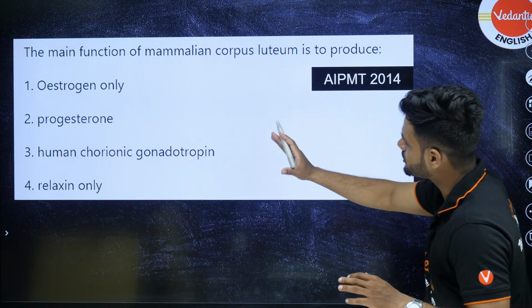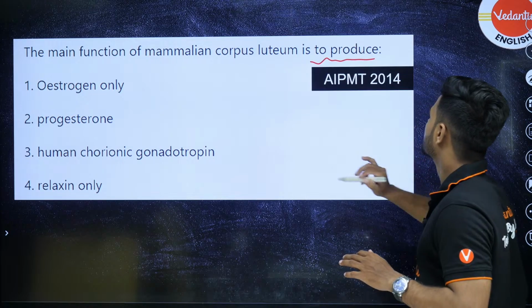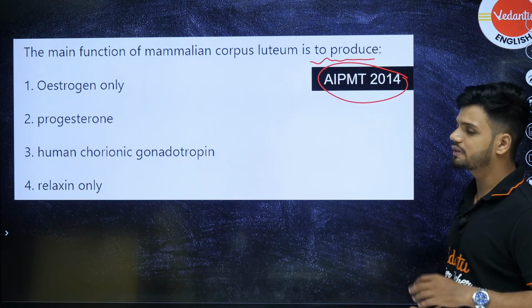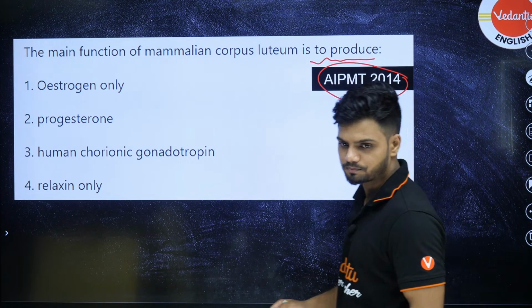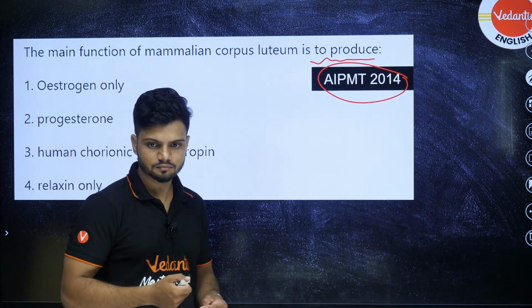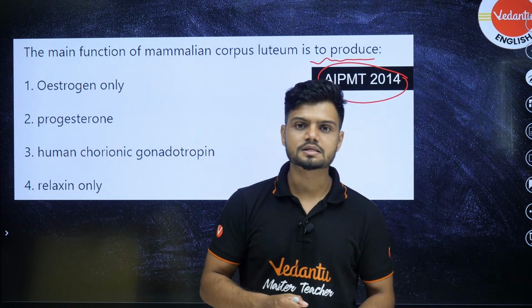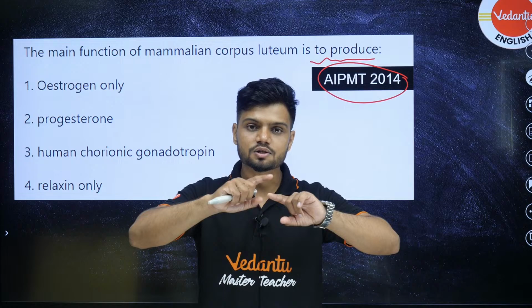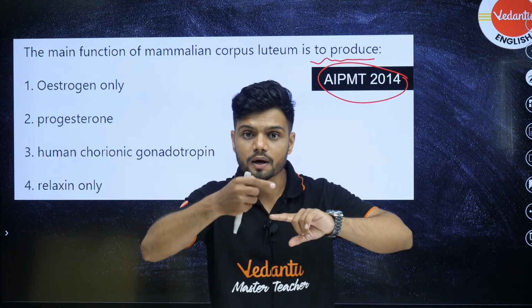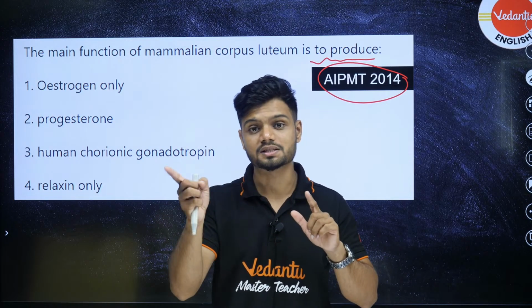The main function of the mammalian corpus luteum is to produce... AIPMT 2014 question. Quickly. Sertoli cells also produce inhibin, but that context is different.